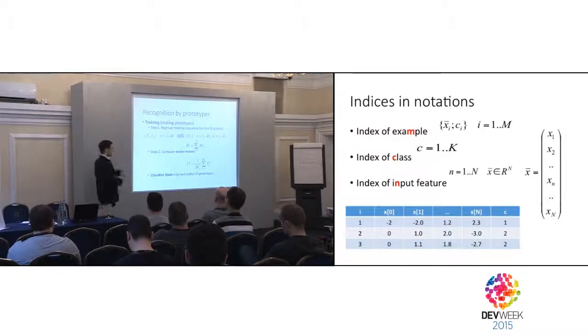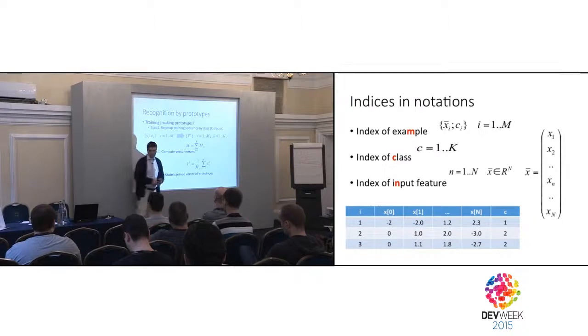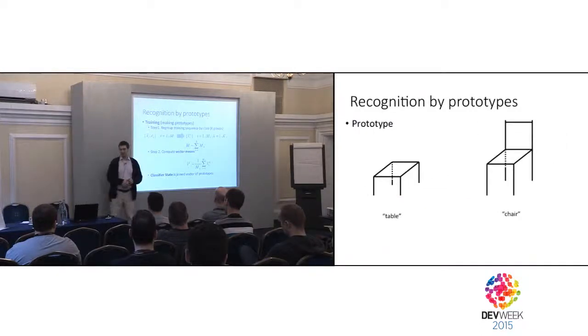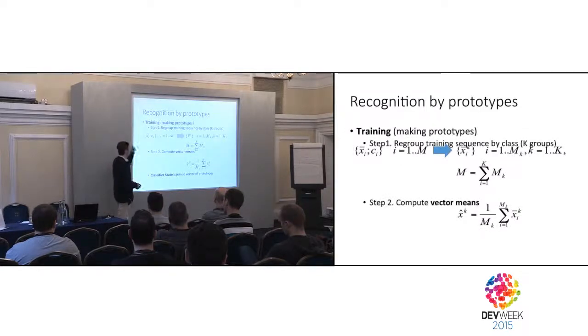As I said, for any recognition method, we must supply two pieces of information. The first is how we make training, and the next is how we classify. So for the method of recognition by prototypes, the training consists of the following. The first step is we sort apples from carrots. Yes, so we divide our training sequence into blocks where one block has examples of a certain object.